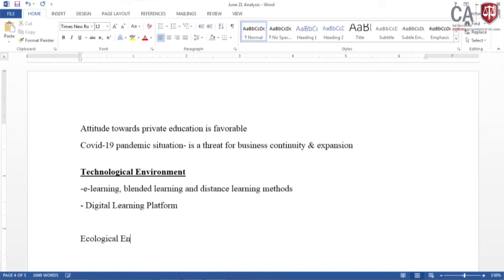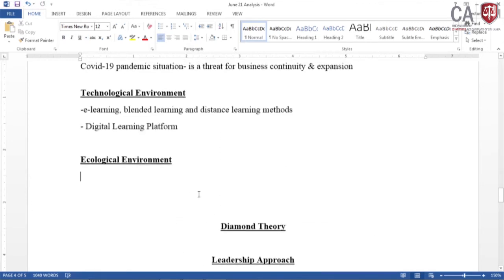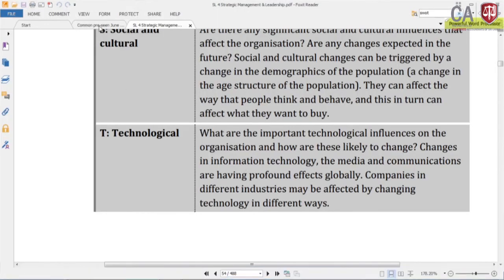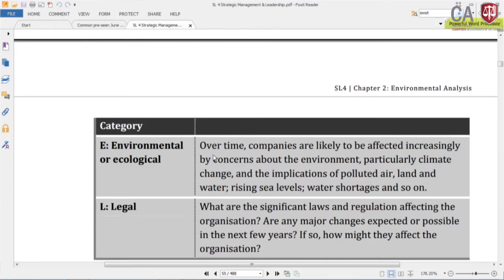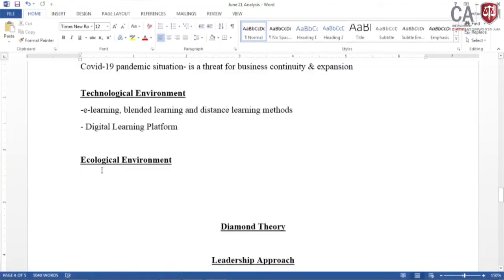Ecological environment. We can identify points under the ecological environment. Anything we can take here?